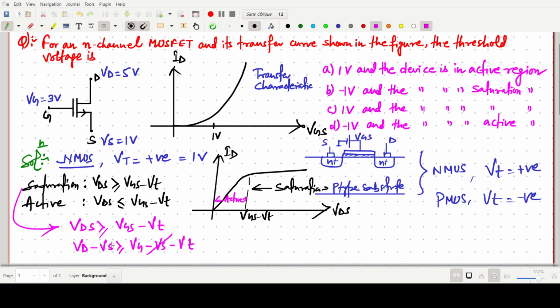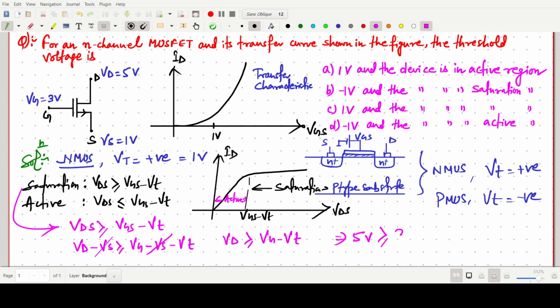Now the source voltages will cancel out. So VD should be greater than or equal to VG minus VT. Now, how much is the VD value? 5 volt. So I am writing 5 volt. The gate value is 3 volt, so 3 minus 1. Here what we observed is that 5 volt is greater than or equal to 2 volt.